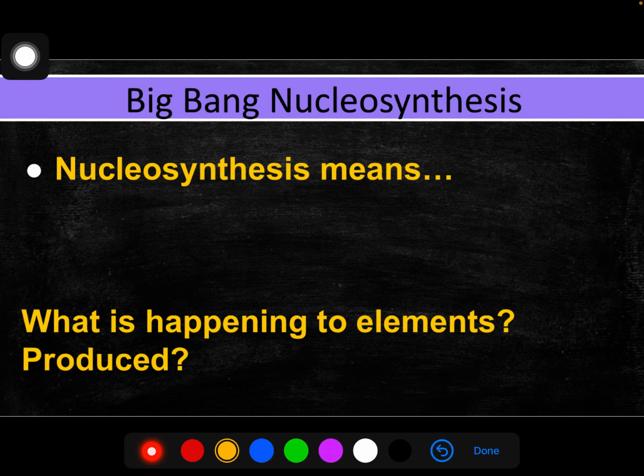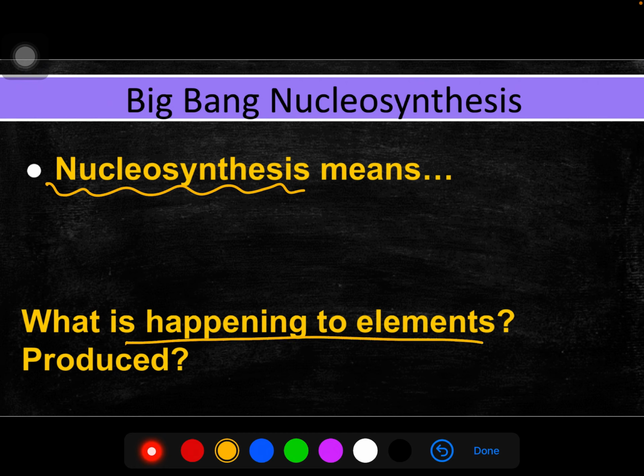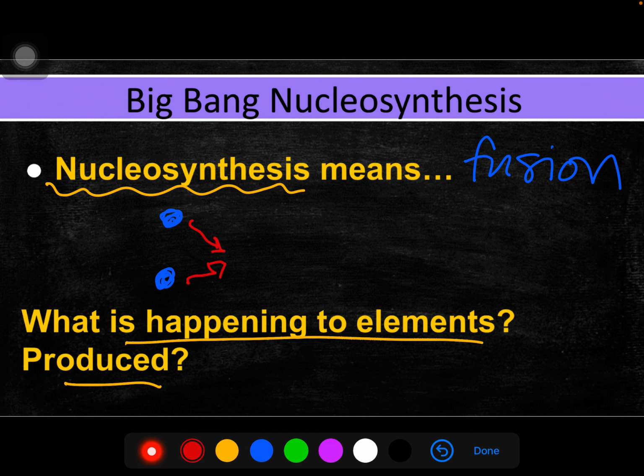So we talked through what nucleosynthesis was yesterday, specifically thinking about what it is, what's happening to elements, and what is being made through this process. So we said essentially it's a fancy word for fusion, right? We have two elements that are existing and being pulled together by that force of gravity. And as they're pulled together, they fuse or combine into one.